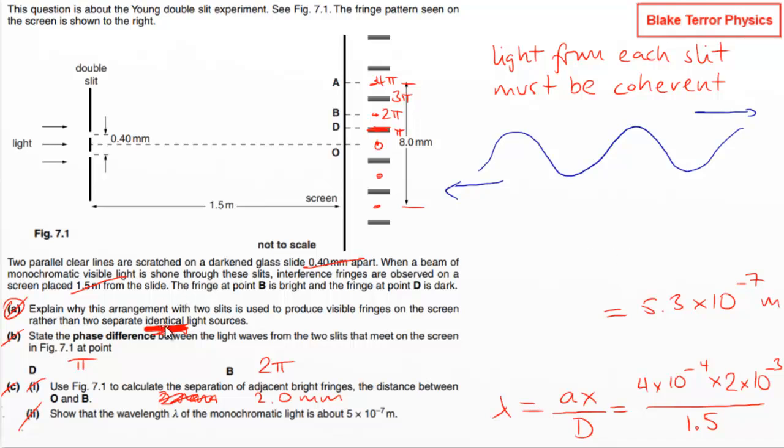So if we've got two identical light sources, one here and one here, they're both emitting these waves that go on forever. They're identical light sources, so they're going to have the same frequency. So why wouldn't they already be coherent?